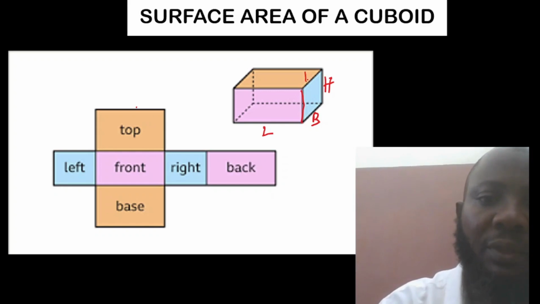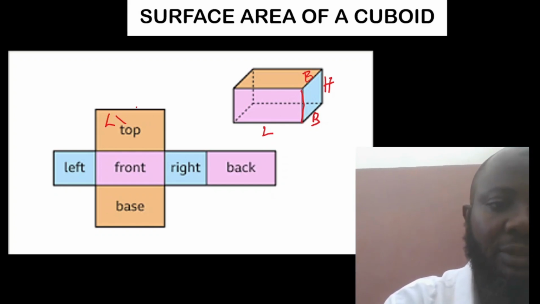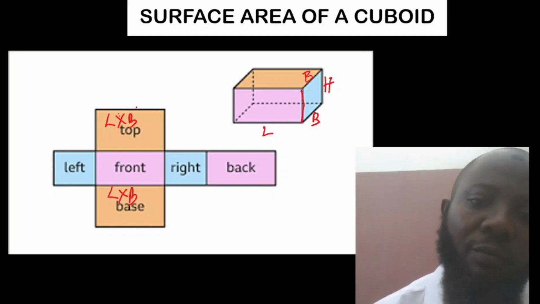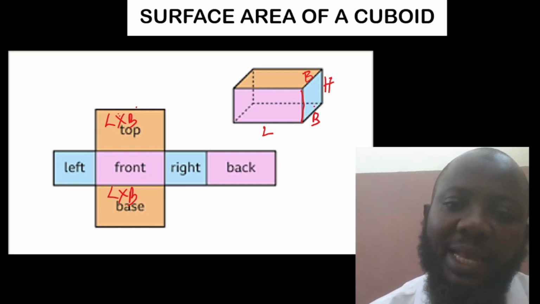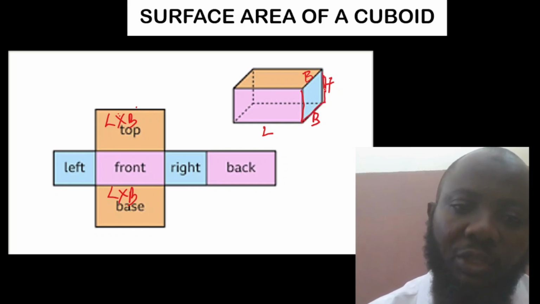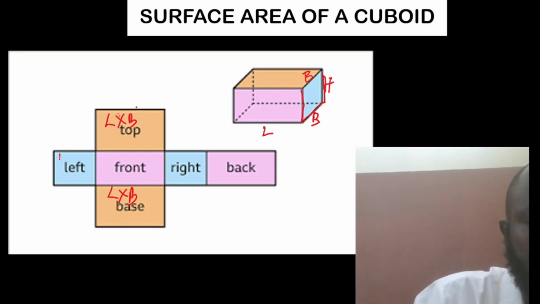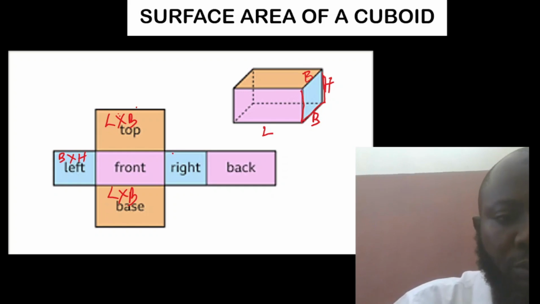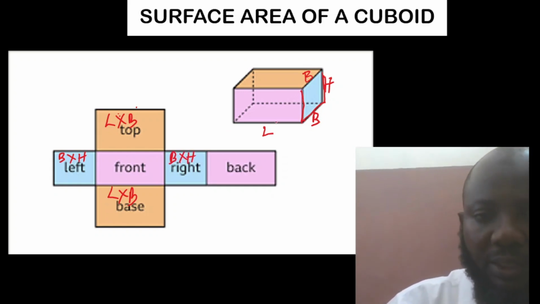That will be length times breadth. So this one, the bottom, will also be length times breadth. I'll still give you the shortcut. Then for the right and left, this is breadth and h, so breadth times h. The left will also be breadth times h.